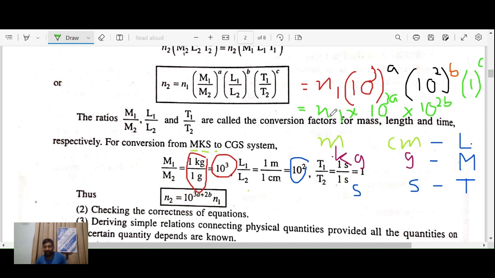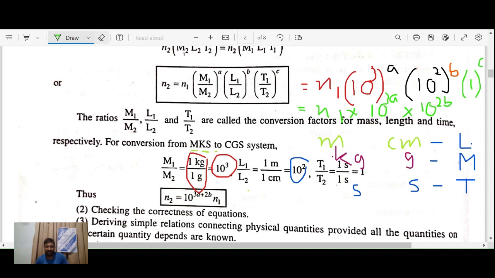Then you can just use the knowledge. You can write this expression as 10 to the power 3a plus 2b, because the bases are equal over here and the powers are getting added up. That means finally you will get this relationship. Now have you understood this concept? It's very easy. Now this is the first application of dimensional analysis.